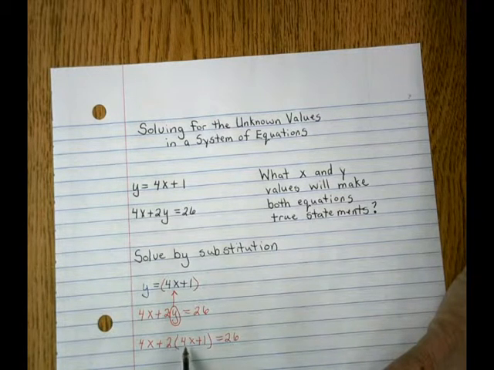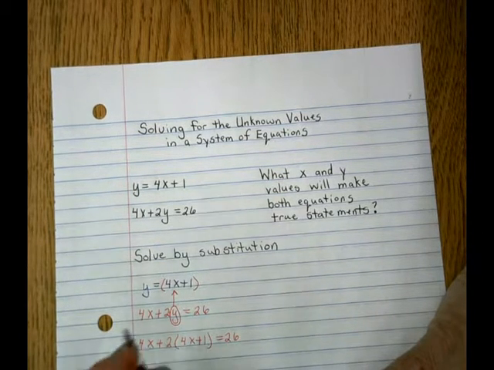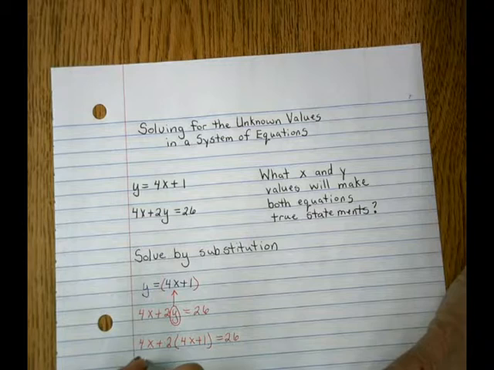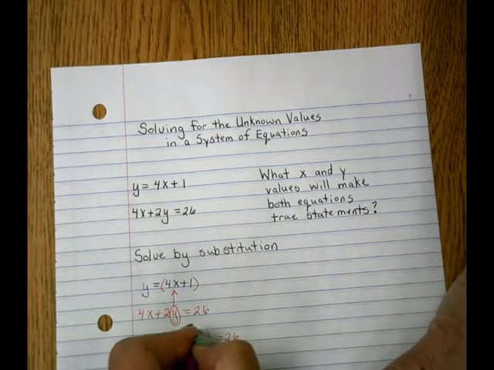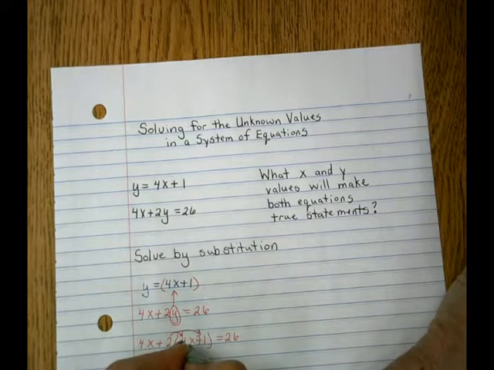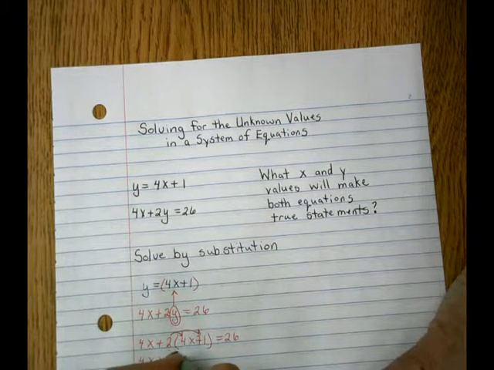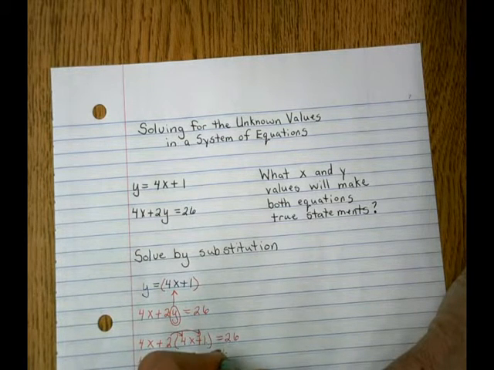Now it's important to put the expression in parentheses because I have to multiply the entire expression by 2, not just the 4x. And now I will solve this equation because I have one variable. I only have x's. So I have 4x plus, using the distributive property, 2 times 4x is 8x, plus 2 times 1 is 2, equals 26.